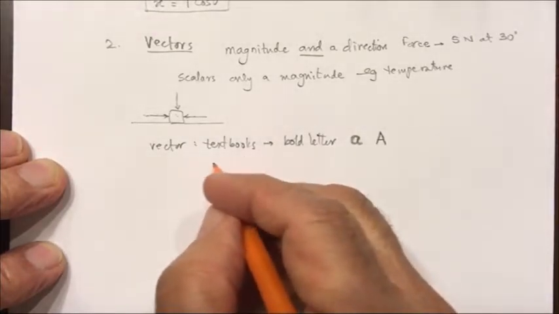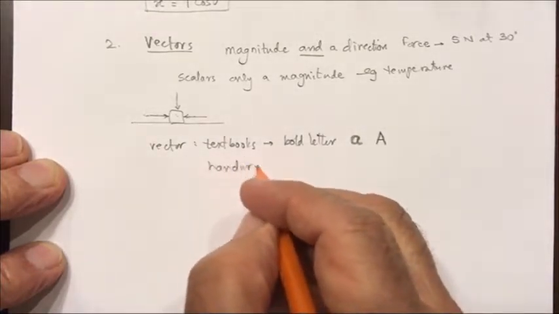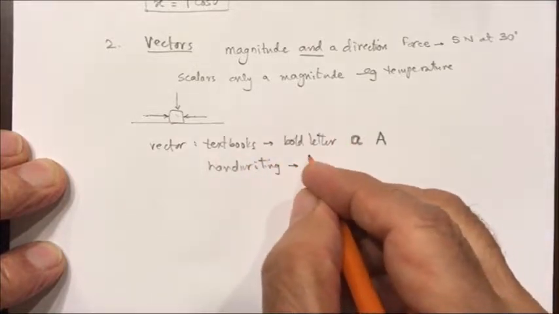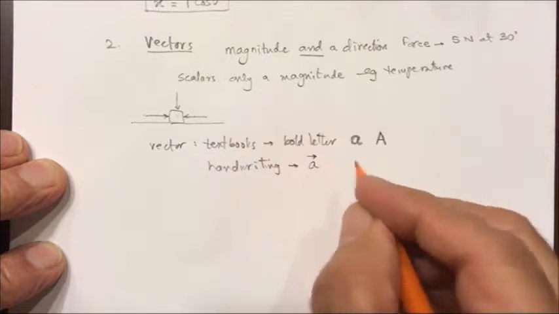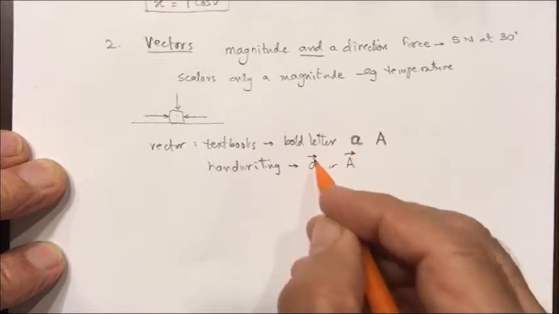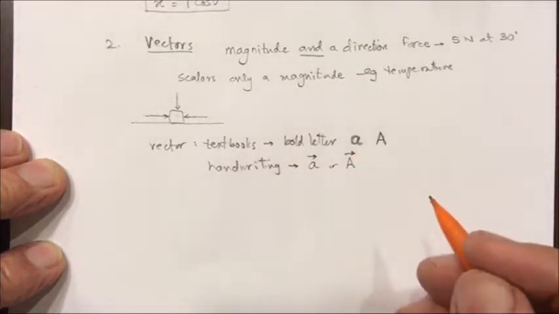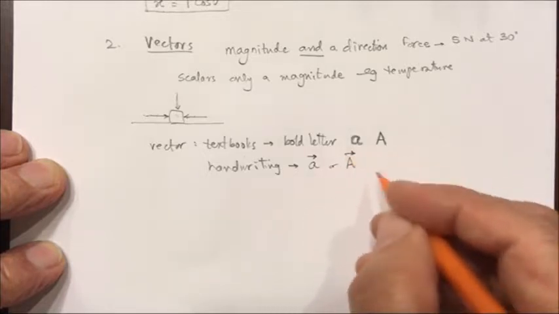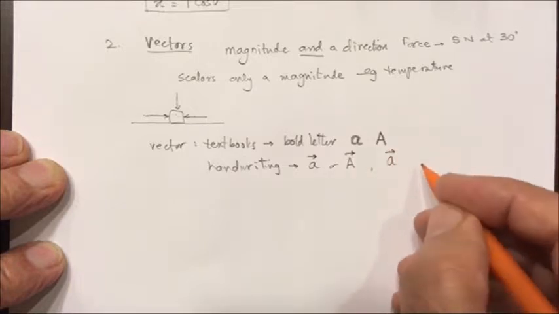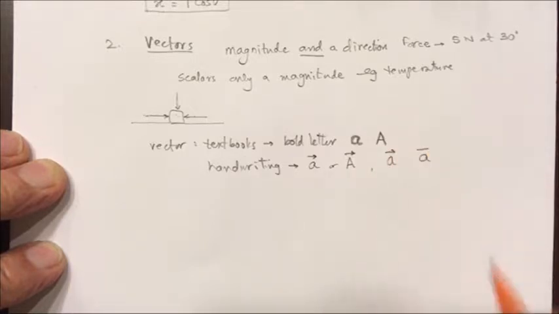In that case, in handwriting, we normally write it as A with an arrow, or a capital A with an arrow. And this arrow indicates that it's a vector. Normally the arrow takes a little bit more time, so sometimes people write it just like this, or even just like that, and we know that that is a vector. It could be lowercase or uppercase.